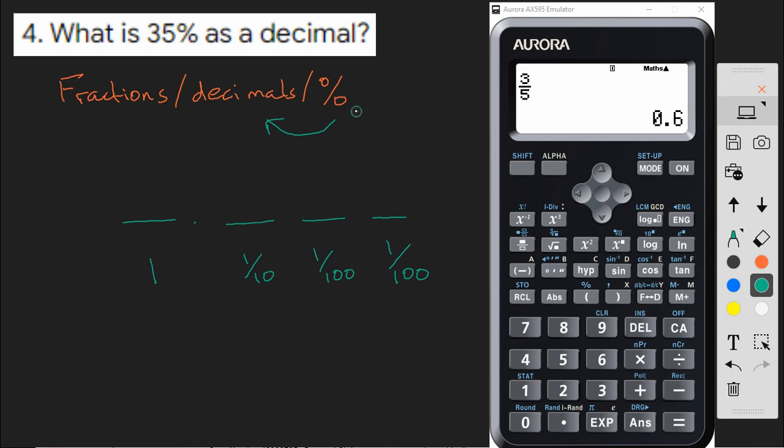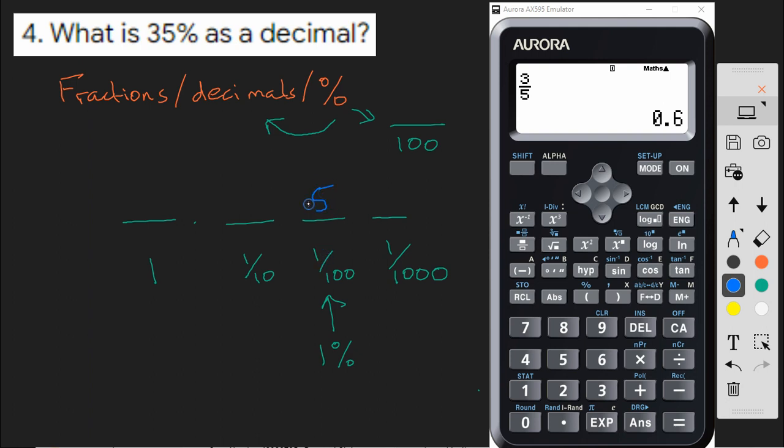Now, our first understanding needs to be that percentages are fractions out of 100, which means that our hundredths column here is also the 1% column. So if I have 5%, then that would be 5 in my column here.